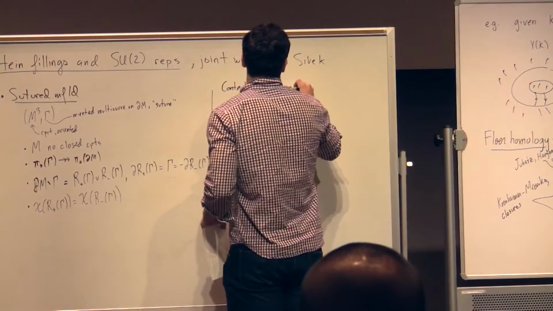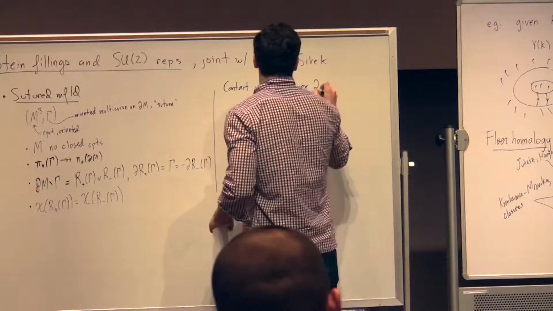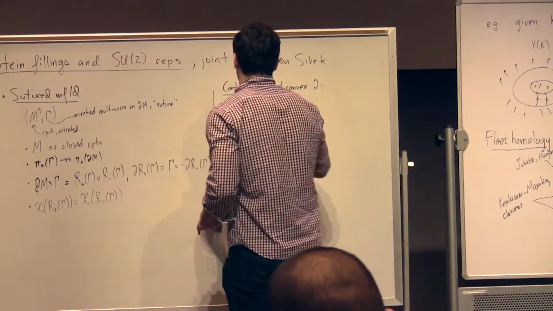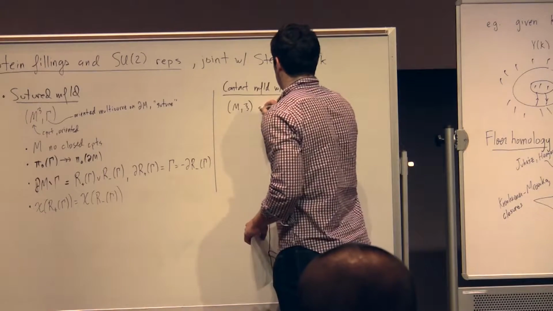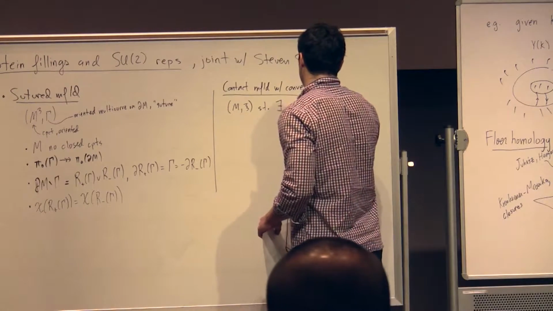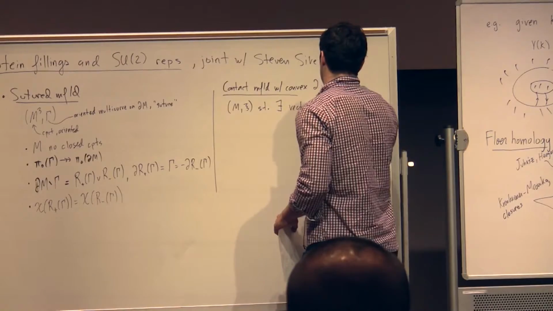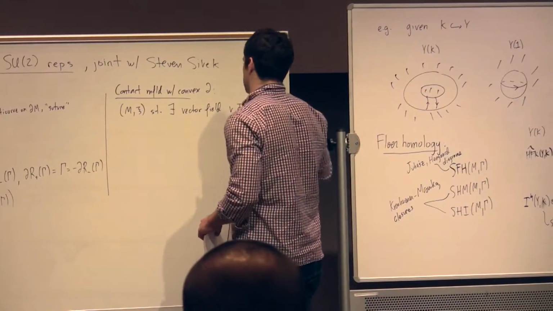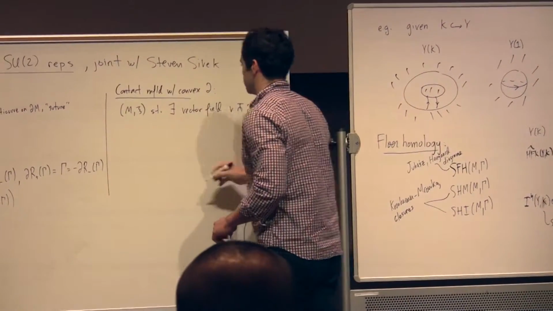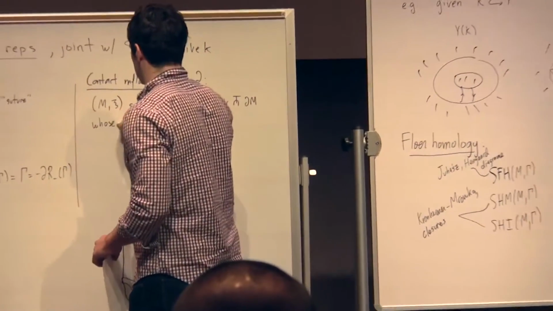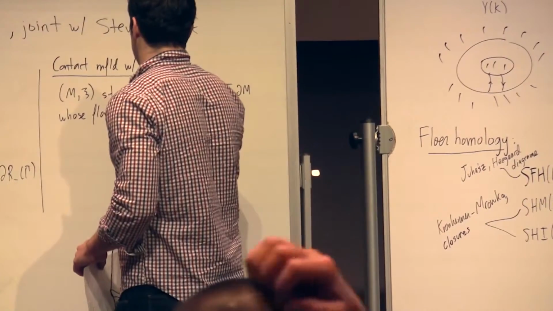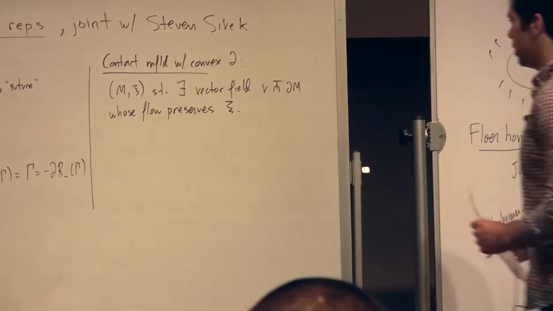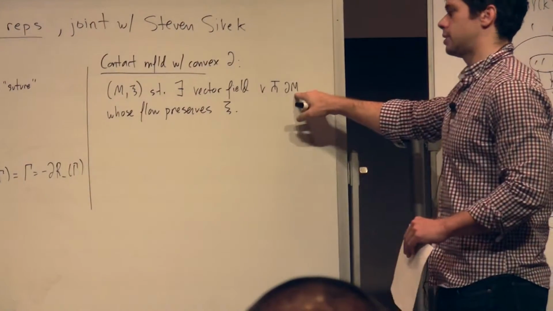What are these? These are contact 3-manifolds such that there exists a vector field V, which is transverse to the boundary of M, whose flow preserves the contact structure. That's the convexity condition on the boundary of M.